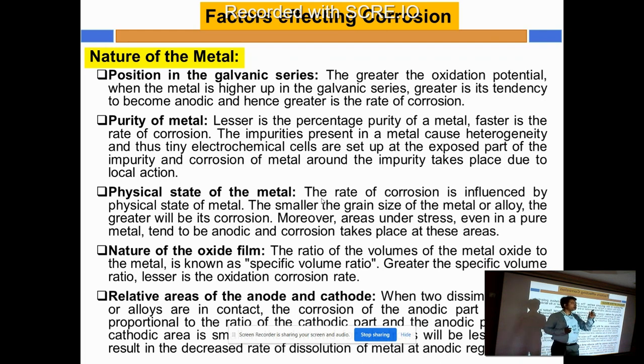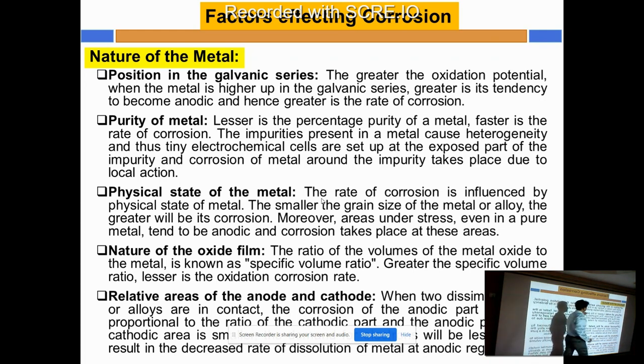Iron corrodes at a different rate than gold or platinum, which are also metals, but they never corrode. They never form oxides. So every metal does not have the same tendency to corrode. That is the nature of the metal; it changes the corrosion behavior.